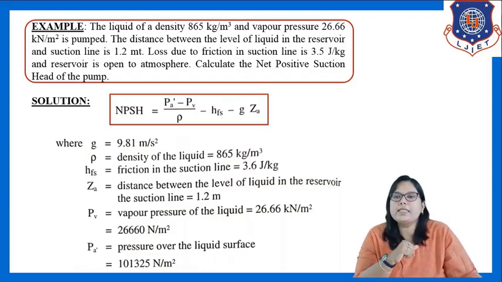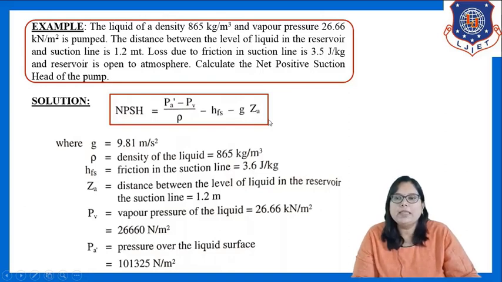NPSH is equal to (PA dash minus PV) upon rho, minus HFS, minus g ZA. So this is the formula which is used to calculate net positive suction head.